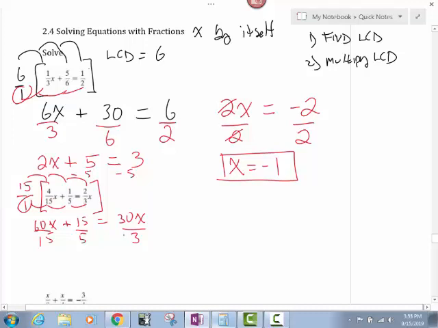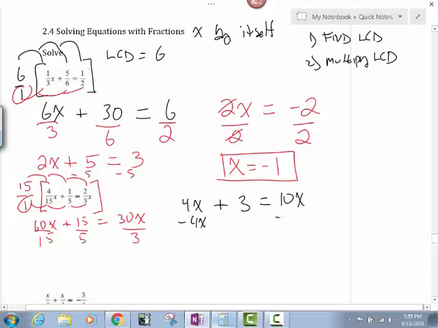All right. So let's take a look at what we have here. We have 60 divided by 15. That's going to leave me with 4x, okay, plus 15 divided by 5 is 3, and 30 divided by 3 is 10x. So remember, I'm going to move my 4x over because I want to get all the x's together.